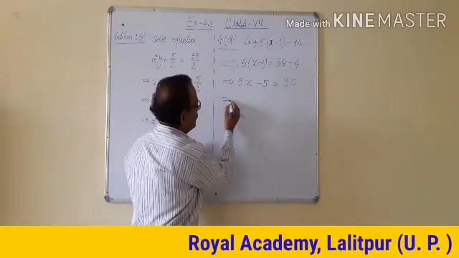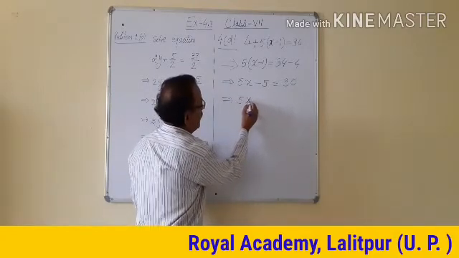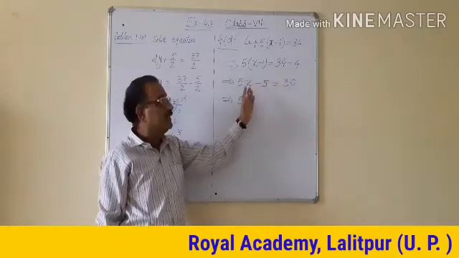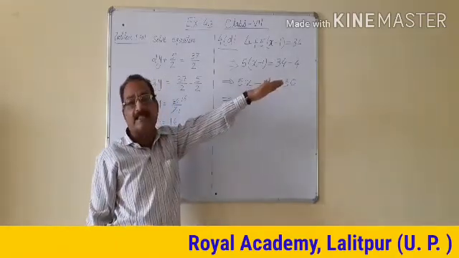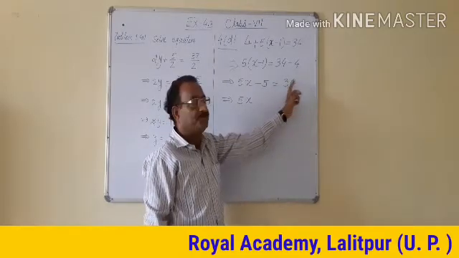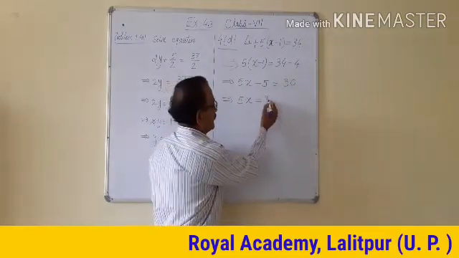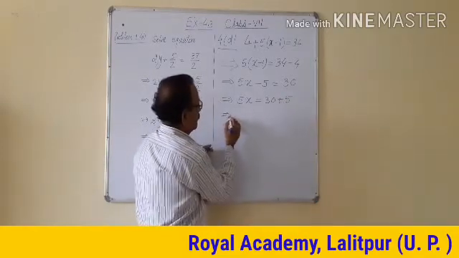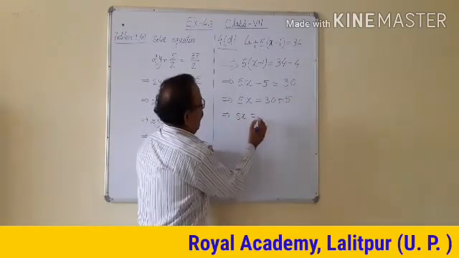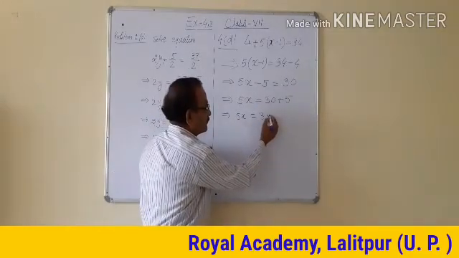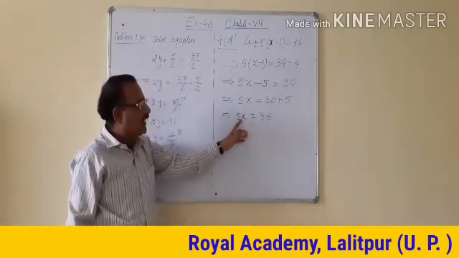This implies 5x. Again, minus 5 is the constant. So it should be shifted to the right side. So this minus 5 becomes plus 5. 30 plus 5 is 35. Here the same 5 into x.